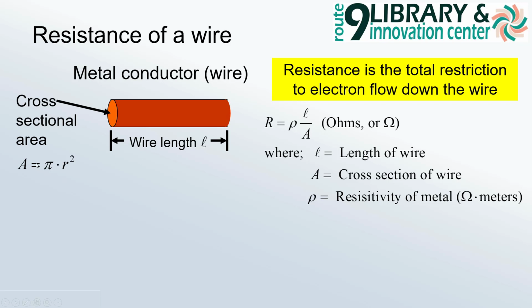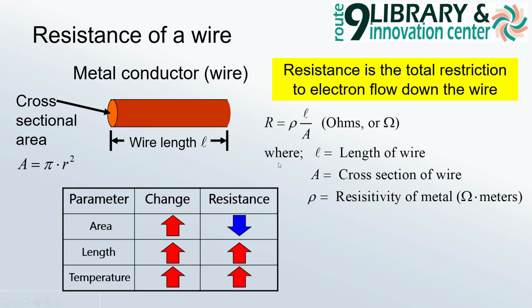We also learned in our intro that if the cross section is given in, let's say, inches squared, and we need it in millimeters squared, we know how to convert that. So let's take a look at this little table here and ask the question. If we take the cross-sectional area of this wire and increase it, the resistance will decrease. And you can see that right from the formula.